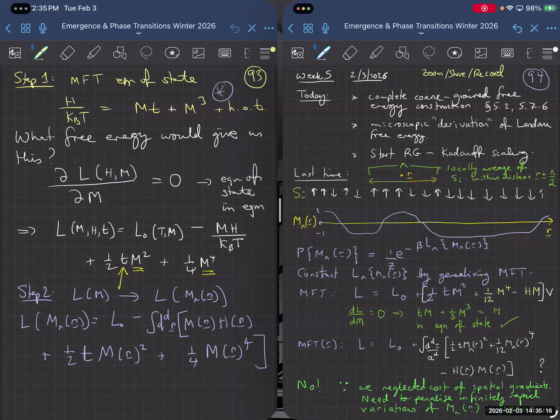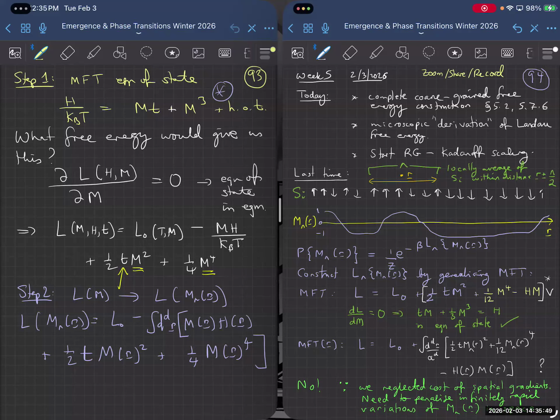So if you look at what's in the square brackets, that free energy, if I differentiate it with respect to M and set it equal to 0, will give me the equation of state that we had derived from doing our mean field theory. And so I put in a factor of 1/12 there, which will then give us the 1/3 that we explicitly derived. The coefficient might in general be something different, but that's consistent with our mean field theory.